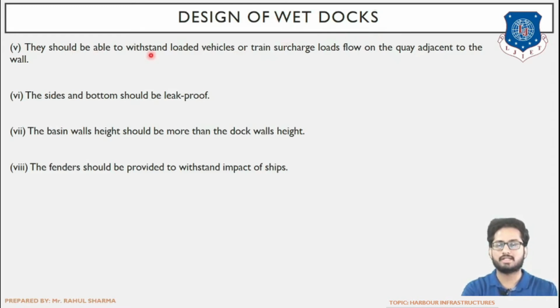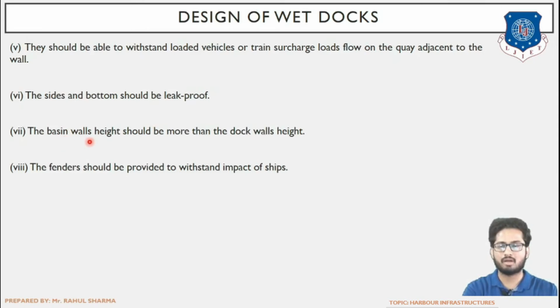So it should be able to withstand the vehicles or any communication facility which is placed adjacent to it, which will be carrying the cargo which is unloaded, so that a live load should be able to be withstood by the dock. The side and bottom should be leak proof, because that will cause a problem if the walls which have been constructed are leaking water, then that would be a problem.